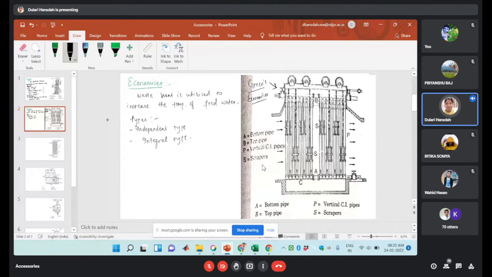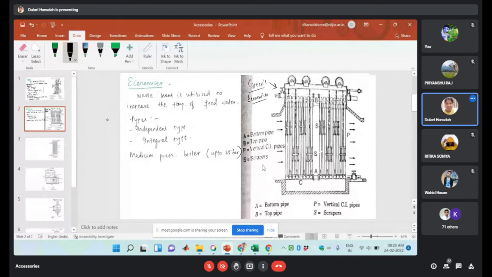So this is the schematic diagram for the Green's economizer, which is the vertical tube type and the independent type. It will be placed near the passage of the flow of the flue gases from the boiler. This economizer is utilized for medium pressure boilers, where the working pressure is up to 25 bar.